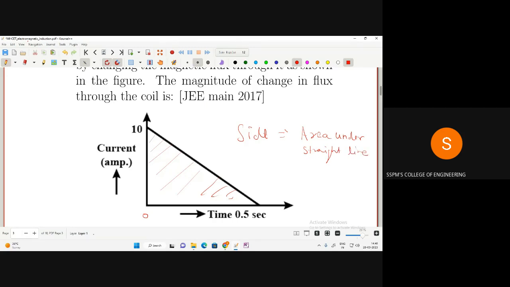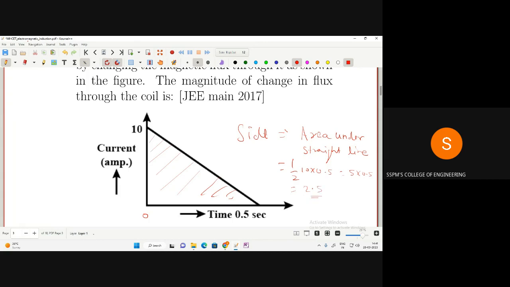Now, how to find the area? You know the area of the triangle is half into height into width. The height is 10 and the width is 0.5. 10 divided by 2 is 5, and 5 into 0.5 is 2.5.